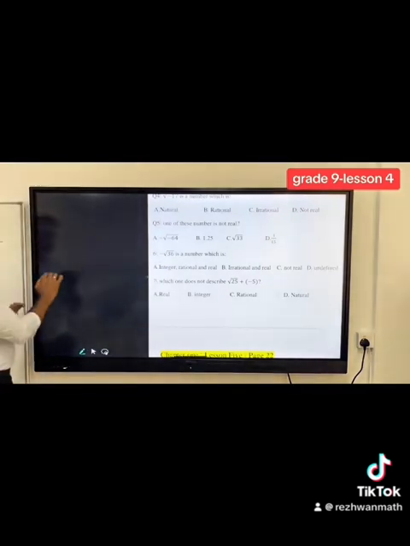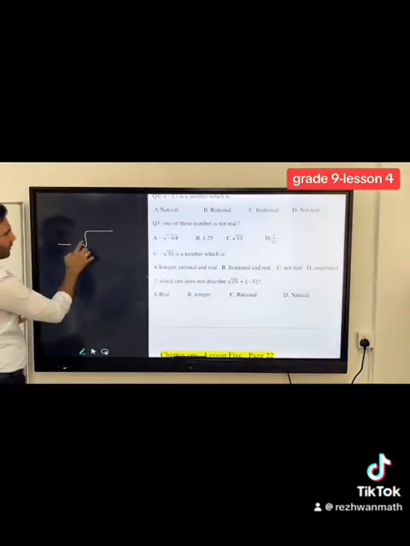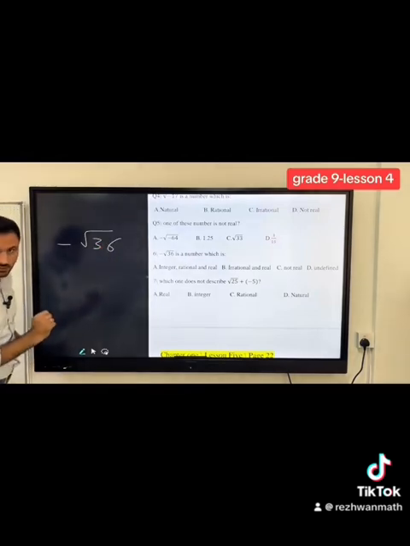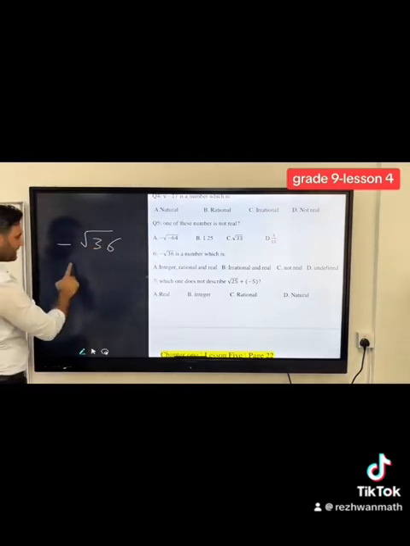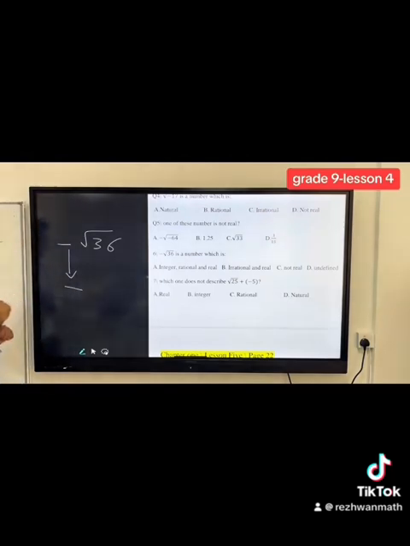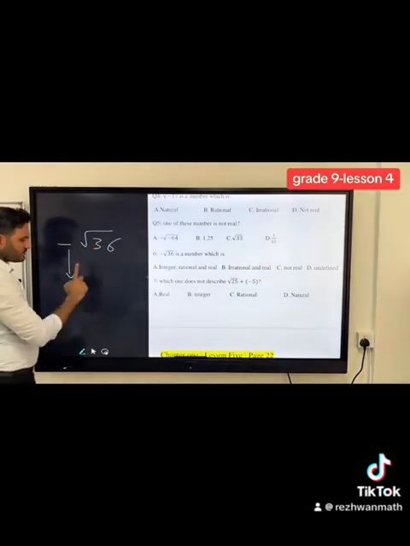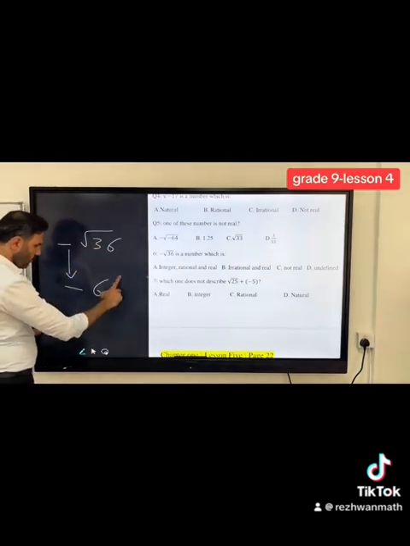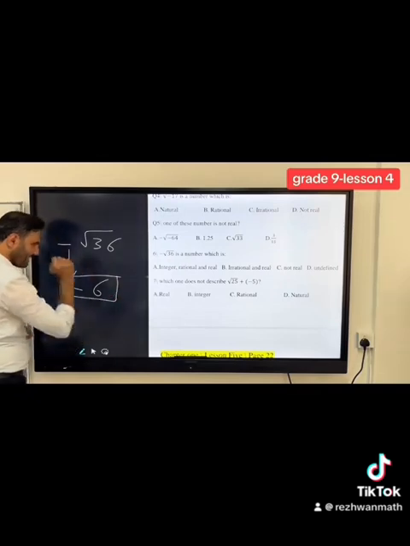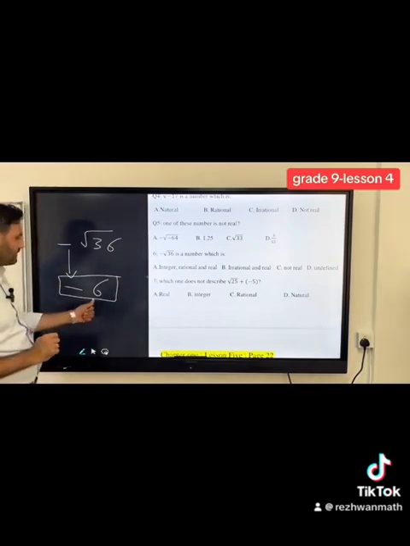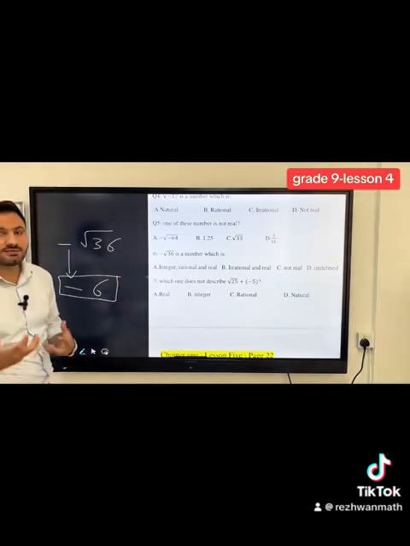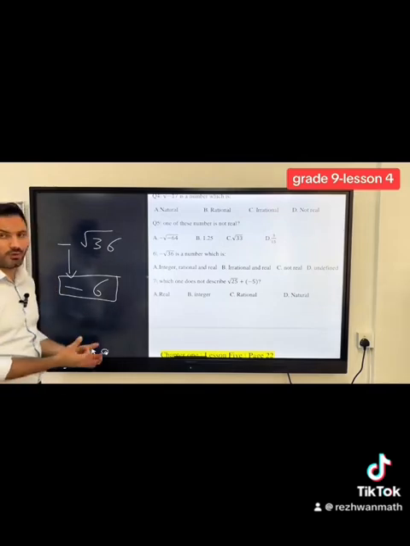First you have to solve the question. Because 36 is a perfect square, we can get the answer directly. Bring down the minus. The square root of 36 is 6, so we get negative 6. Negative 6 is which type of number?